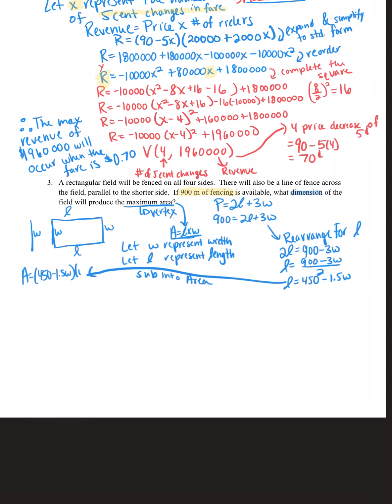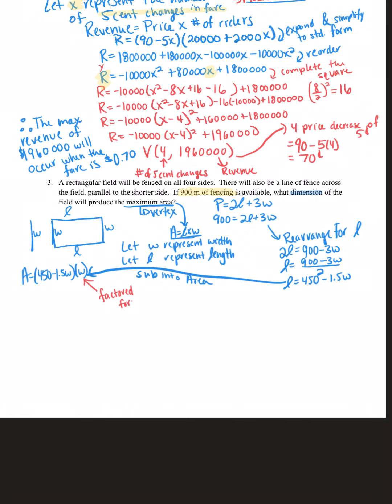That's my length, times my width, which is W. Okay, well, we could expand and simplify this, or we could take a look at this and recognize that we're actually in factored form. Right, so this is a factored form of a quadratic.